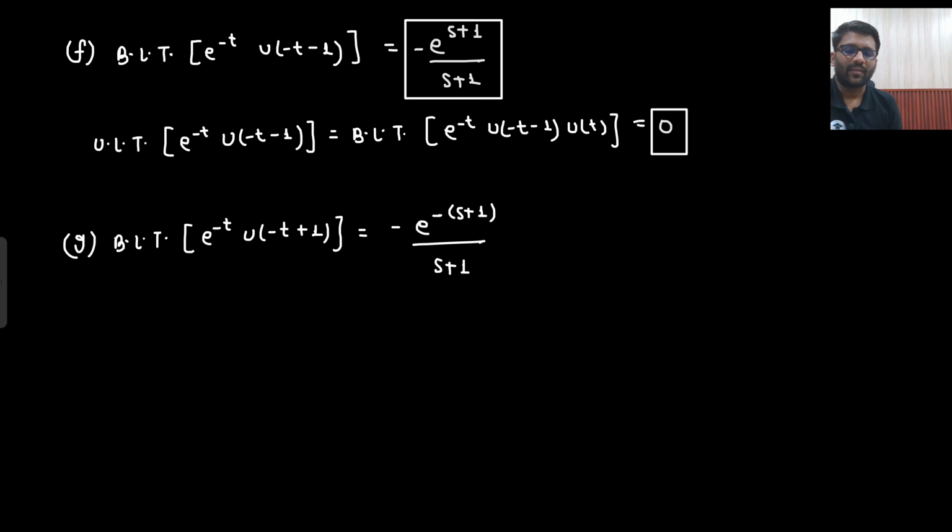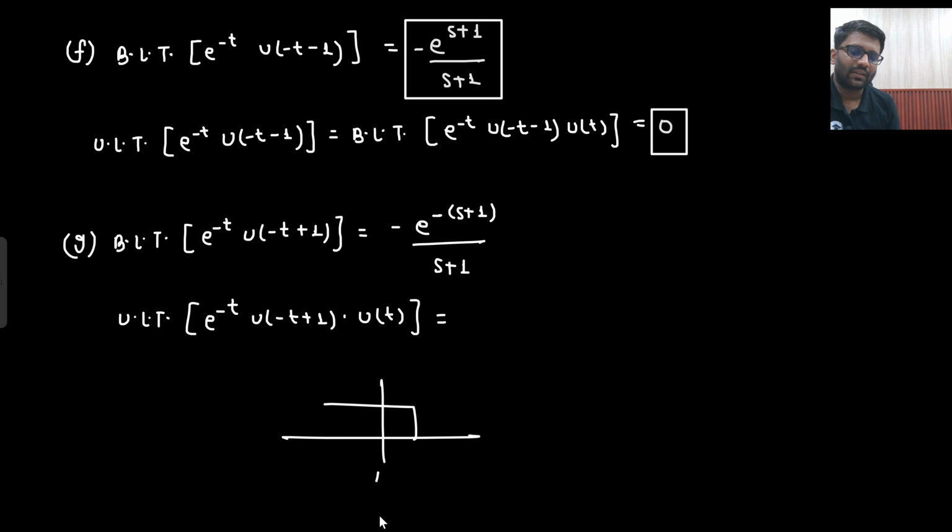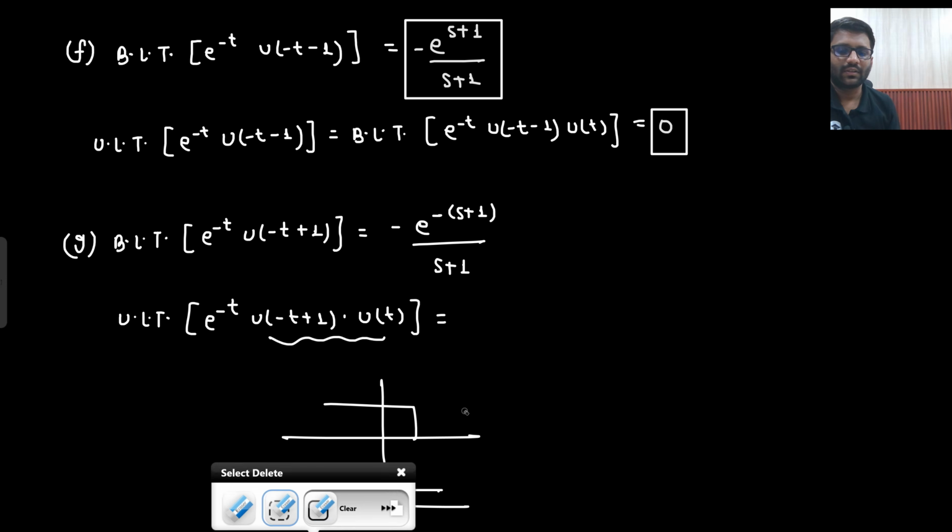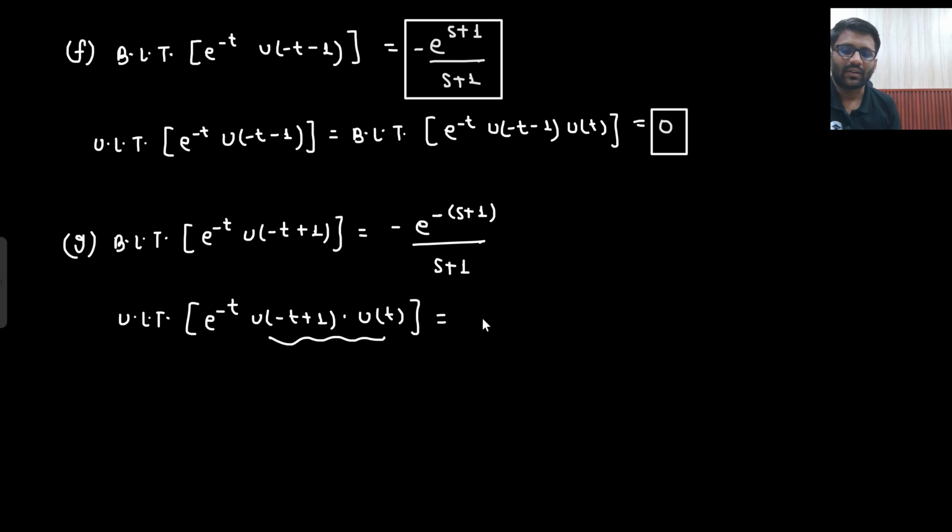And what about the unilateral Laplace transform? The unilateral Laplace transform will be multiplied with this. So u of minus t plus 1 multiplied with u(t). What will you be getting? u(t) minus u of t minus 1.